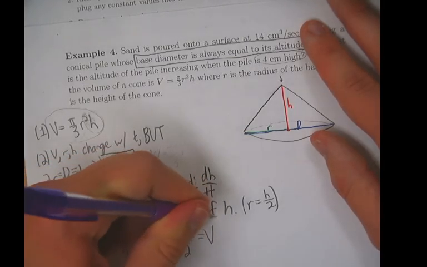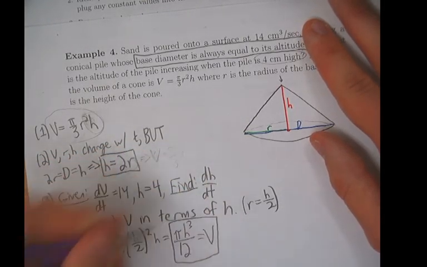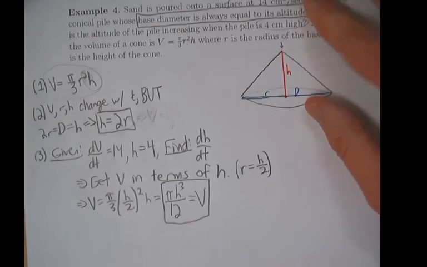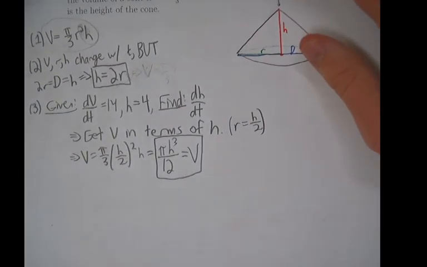So V equals pi H cubed over 12. This is the relationship you're going to want to use for part 3.